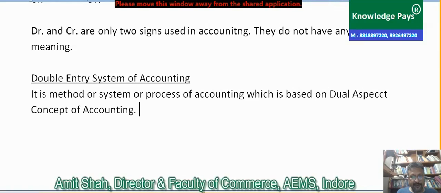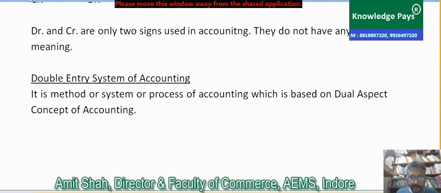Now, what is dual aspect concept of accounting? That I am explaining first.